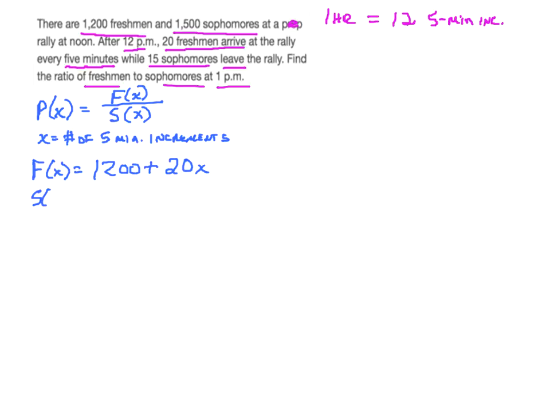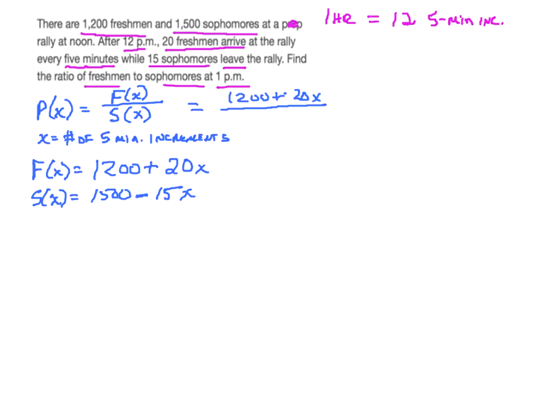Okay, so the linear function for my freshmen says I started with 1,200, and every 5 minutes I added 20 freshmen. My sophomores, I started with 1,500, but 15 of them left, so I subtracted 15 every 5 minutes.